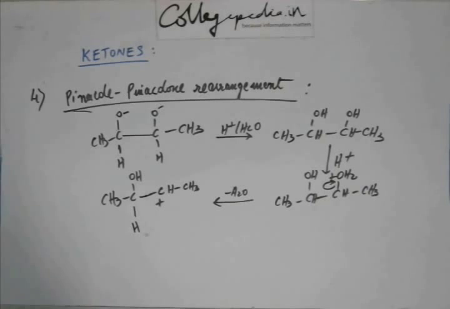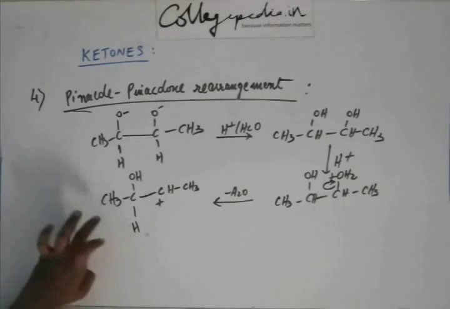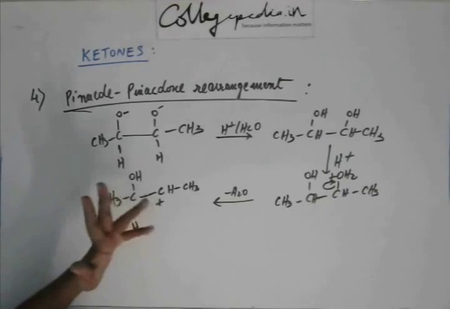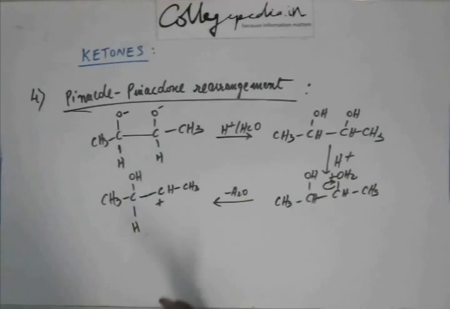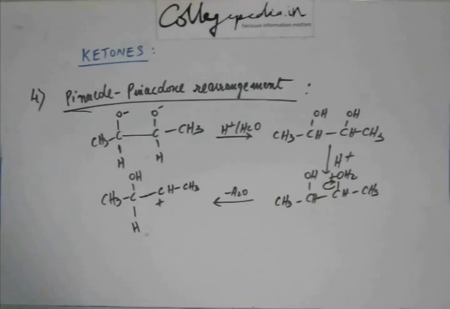And there we saw that the migration aptitude of hydrogen is the highest among all the groups. So here, this hydrogen will migrate and not the methyl. The reason they give for this is the small size of hydrogen, so that it can penetrate into the solvent molecules and reach the carbon very easily. So the migration aptitude of hydrogen is highest among all the groups.